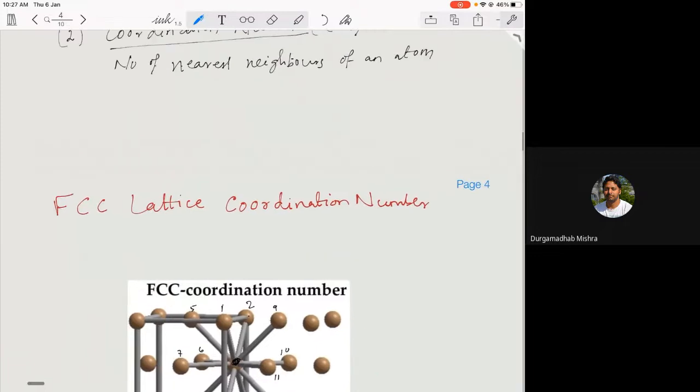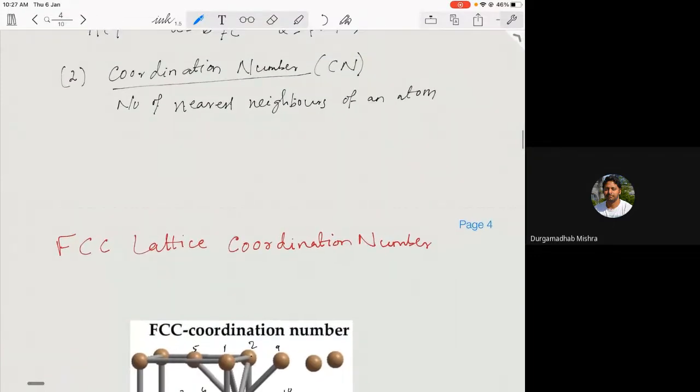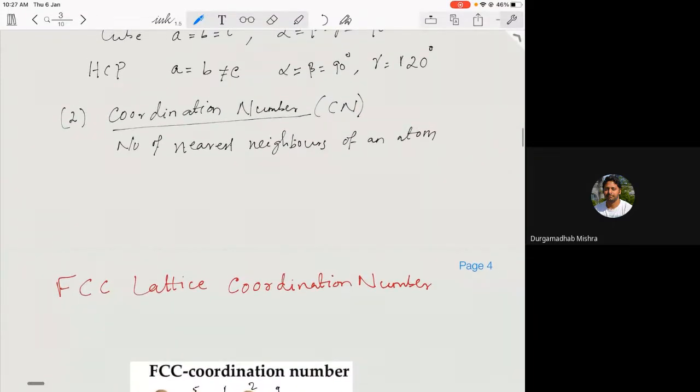Okay, so this is one parameter. Another important parameter, which probably you already know, is known as the atomic packing fraction. So what is this packing fraction?